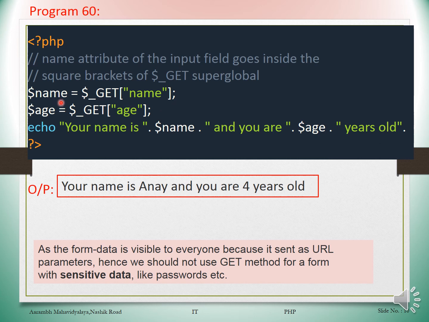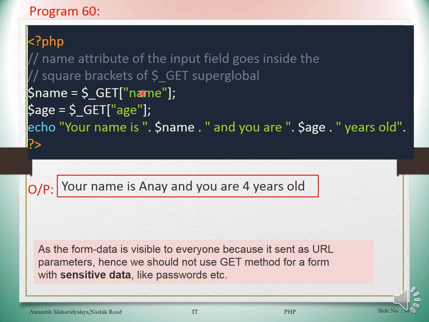That means in this name variable, by using the get method, the user will enter data under the name text box, and that will be displayed in your output. Then the second variable is age. Again in the square brackets age is provided, and by using the get method that data will be stored in the variable age.